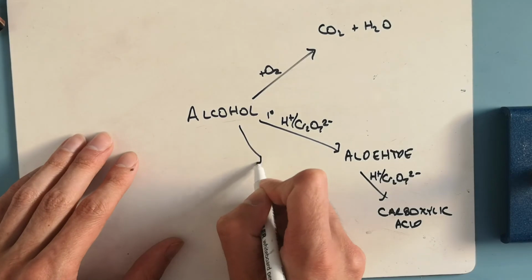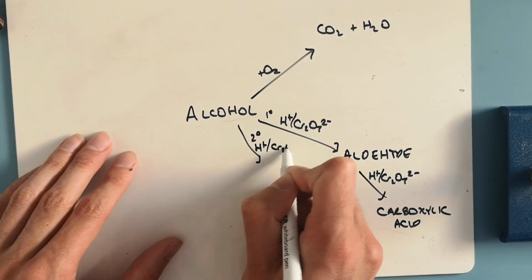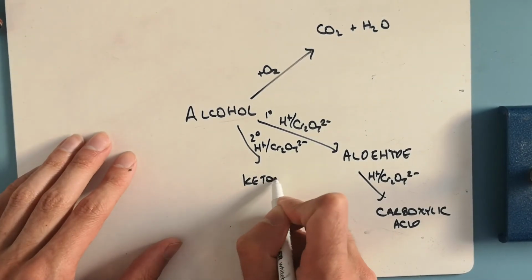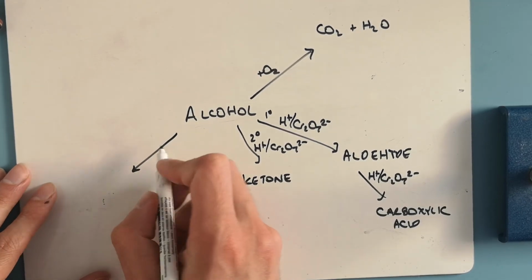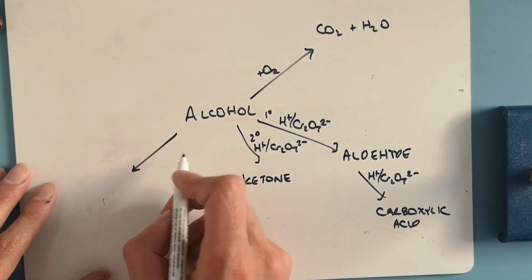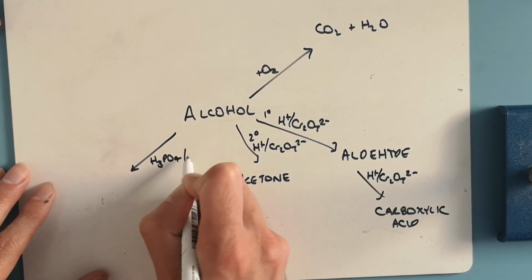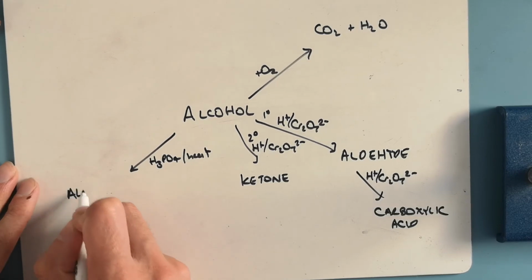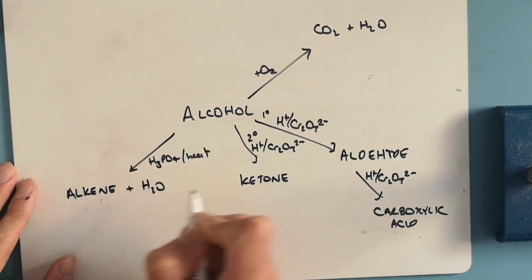If we take a secondary and do the same reaction, then we're going to get a ketone. If we add H3PO4 and heat, we're going to get an alkene plus H2O.